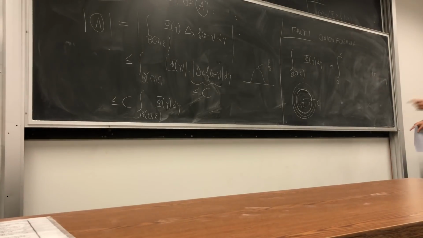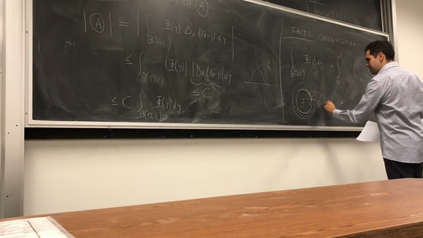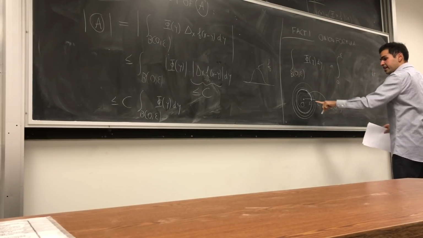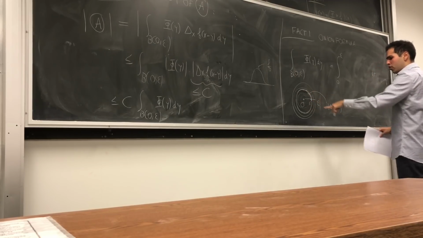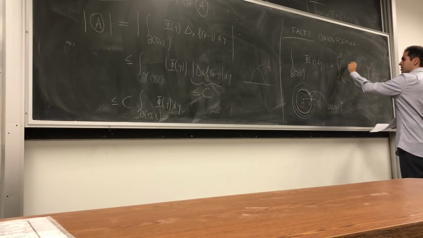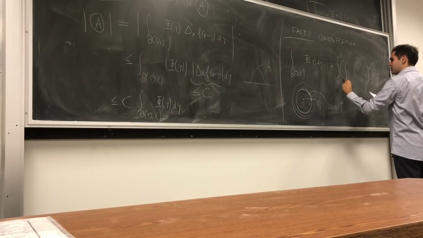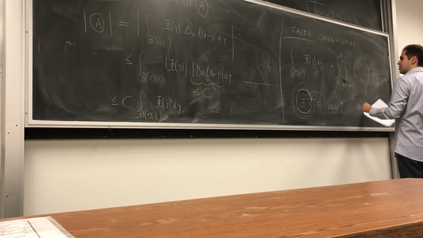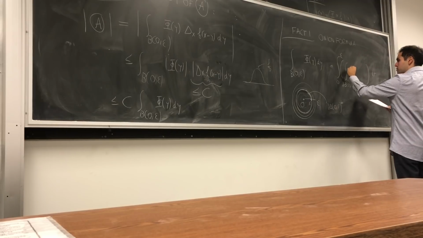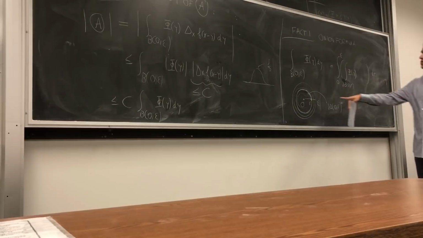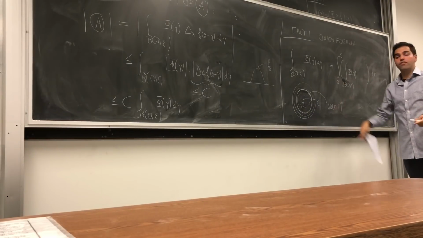And what you put in this dr is simply you integrate the function over the sphere of radius r. So it really just becomes like that: integral from 0 to epsilon, integral over the sphere ∂B(0,r) of the same function, phi of y, times the surface measure of that ball.